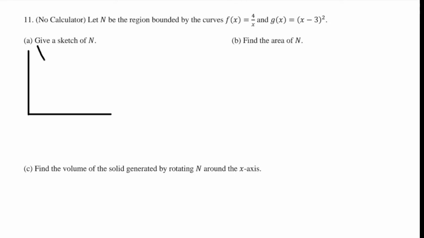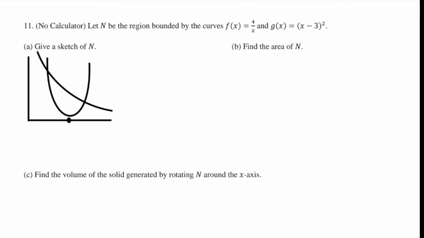It does generally kind of look like this downward facing thing. And then y equals x minus 3 squared is going to be a parabola. So I think, well, close enough that I could just move it around. All right, that'll have to do.